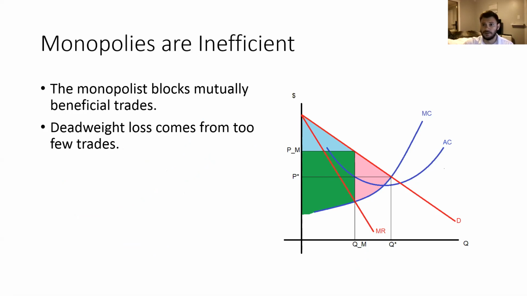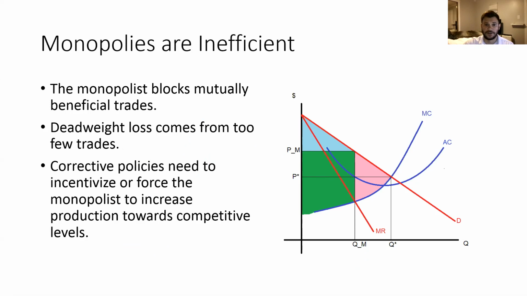So the solution, more or less, if we were interested in fixing this problem from an efficiency perspective, is we're going to need to basically craft some sort of policy that is going to either incentivize or force this monopolist to increase the quantity of trade from QM towards that competitive level Q star.